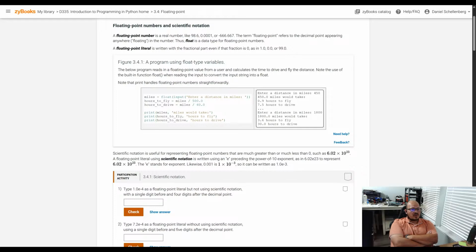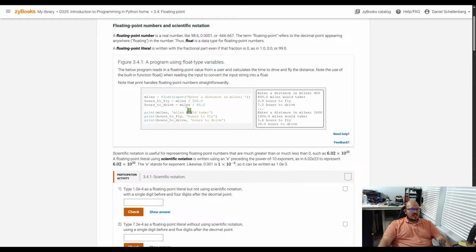Note that print handles floating point numbers straightforwardly. Here, the string is assigned to miles, and hours to fly is assigned miles, whatever they enter, divided by 500.0, which is a float.